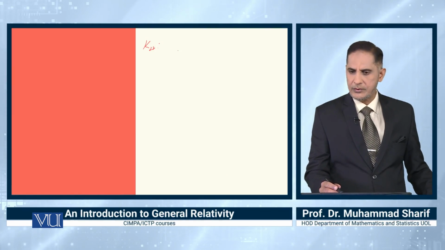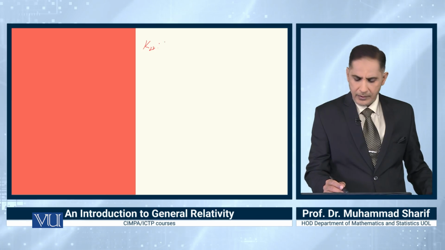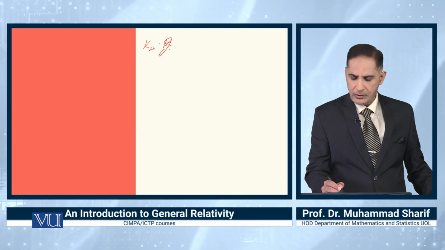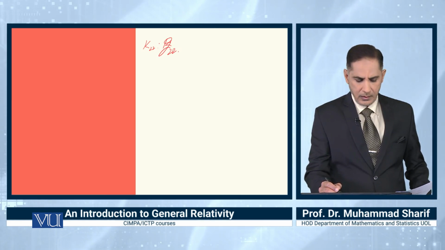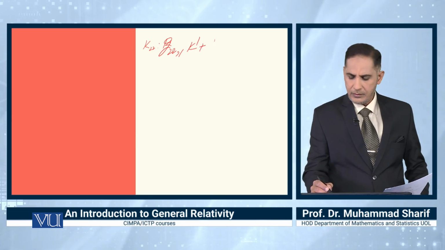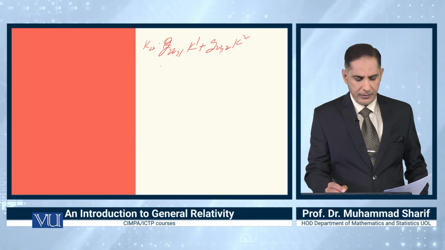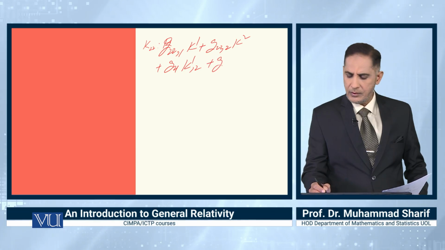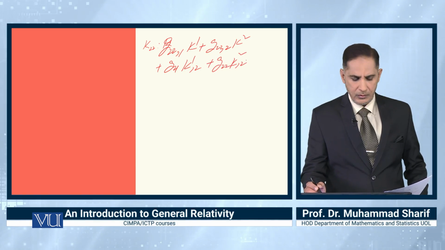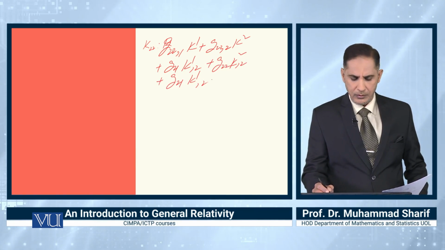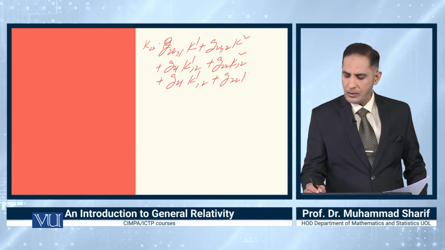You can write down the third equation as G22 comma 1 k1 plus G22 comma 2 k2 plus G22 k2 comma 2 plus G22 k2 comma 2.